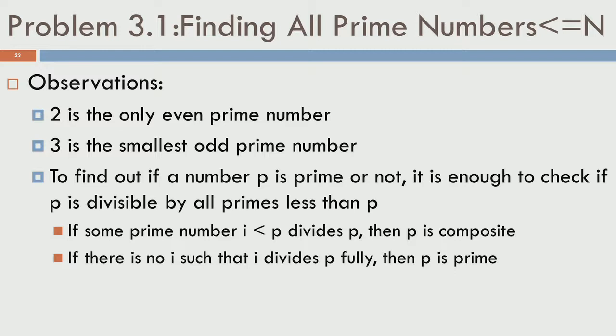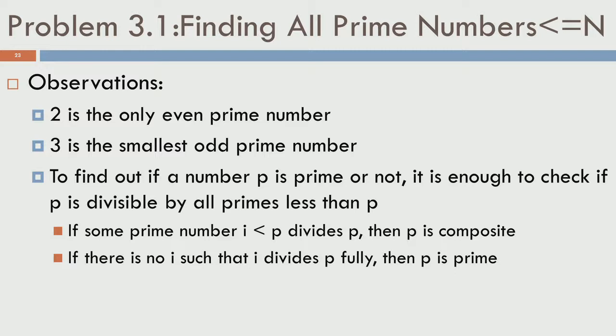We know that 2 is the only prime number that is even. 2 is the smallest prime number, and it is the only even number that is prime. All the other even numbers are not prime because 2 is a factor. 3 is the smallest odd prime number, and from now on we know that 2 and 3 are prime.